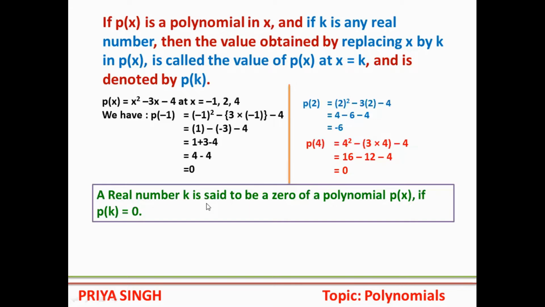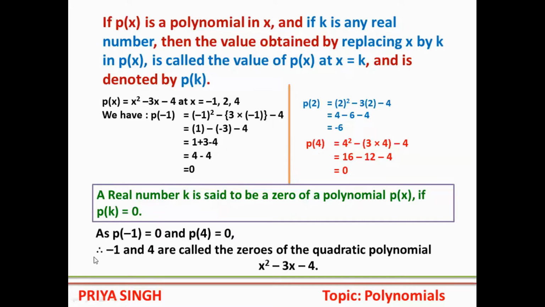What does it mean? It means I have found p of minus 1 over here, then p of 2 and p of 4. If the value of p of k, that is my p of minus 1, is 0, then minus 1 will be the zero of the polynomial. Similarly, 4 will be the zero of the polynomial, but 2 will not be.